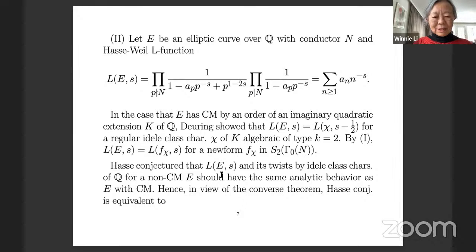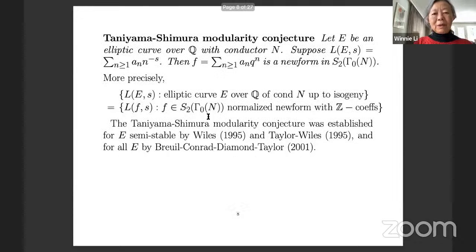So in other words, if we apply the converse theorem, this L function associated to an elliptic curve over Q is equal to the L series of some newform of weight 2 for Gamma_0(N). And that is precisely the Taniyama-Shimura modularity conjecture. So this is equivalent to the old Hasse conjecture.